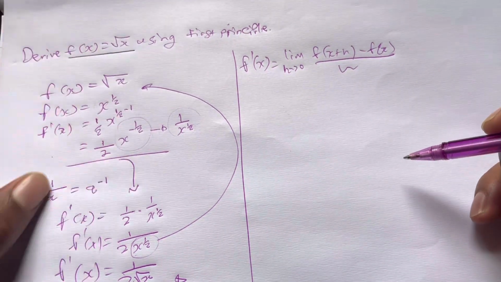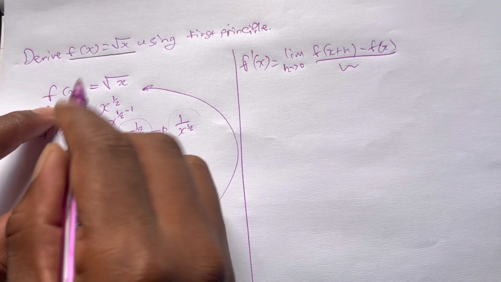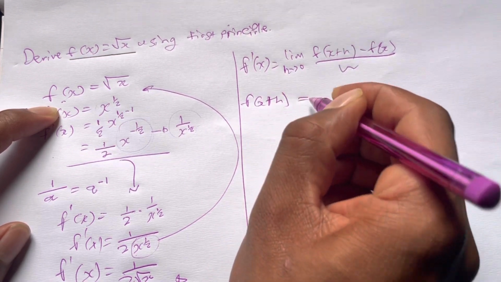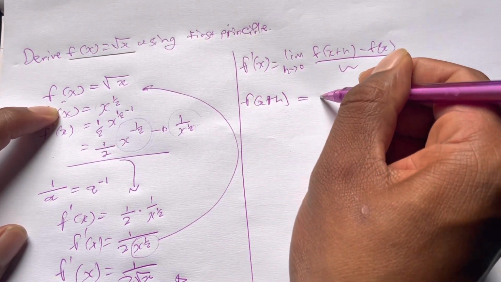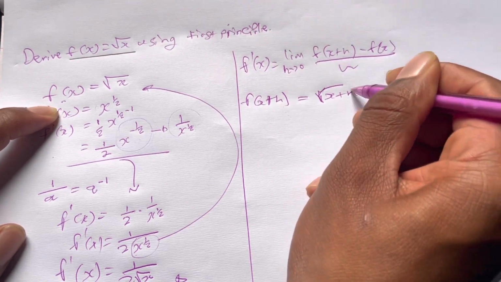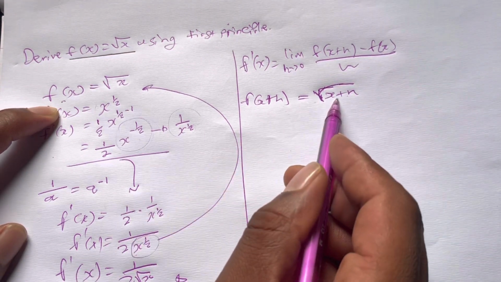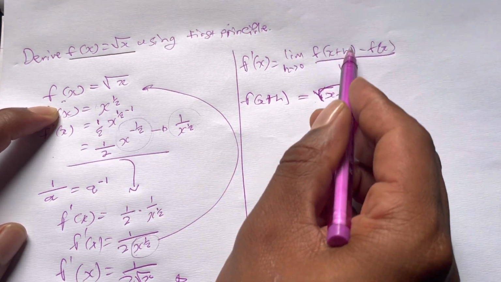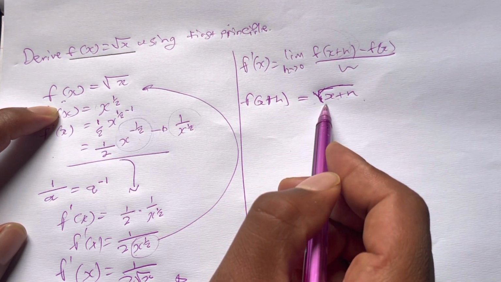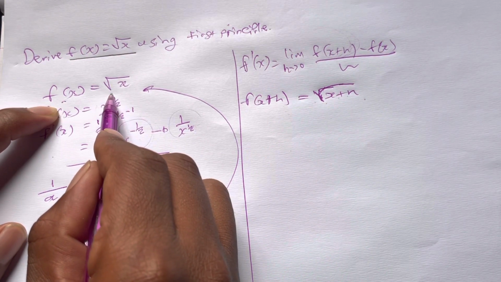Okay, so then you check, this is your f of x, so f of x plus h will be what? f of x plus h will be square root of x plus h. So therefore, where you see f of x plus h, you substitute square root of x plus h. Where you see f of x, you substitute square root of x.